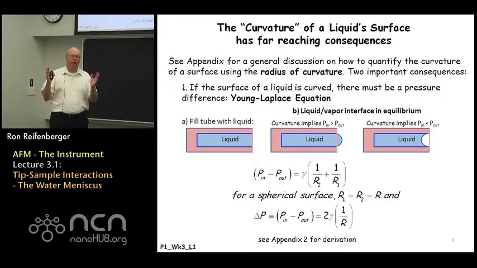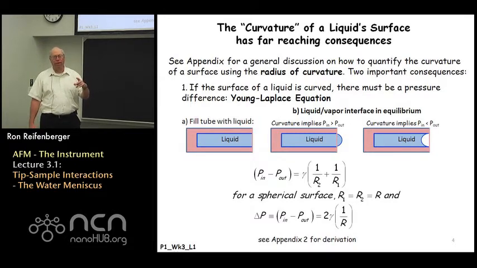In particular, it's the radius of curvature at a point on the surface. And what you can show is that if you measure the radii of curvature in 2 planes perpendicular to one another at a particular point, those 2 numbers can be used to completely characterize the curvature of the surface at that point. And so therefore these 2 numbers, R1 and R2, are going to play a prominent role in the discussion that follows.